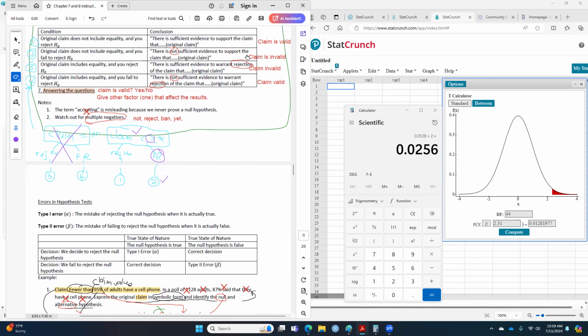And what does conclusion number 2 say? Conclusion number 2 says: there is not sufficient evidence to support the claim that ... Now in the test, do not give me dots like this. You have to replace those dots with the original claim. Remember the one that I highlighted in yellow early on? You just copy that whole original claim and stick it in there.